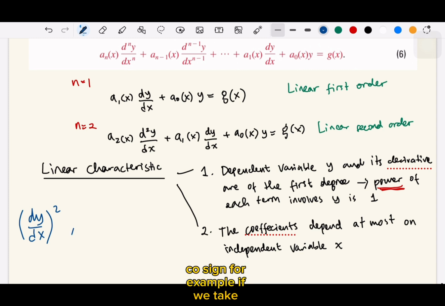For example, if we take sine y, it's already non-linear. So this is non-linear. Or even e or logarithmic, this is also non-linear.